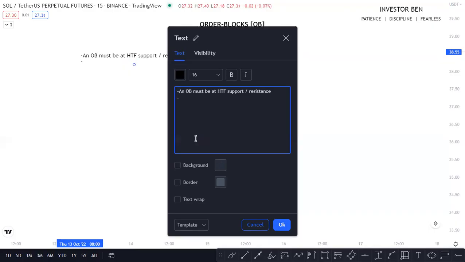Another one. An OB must sweep liquidity, right?